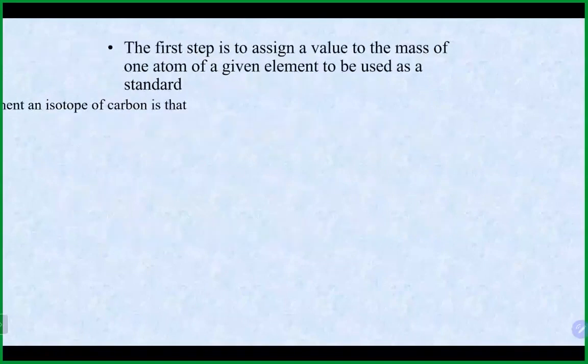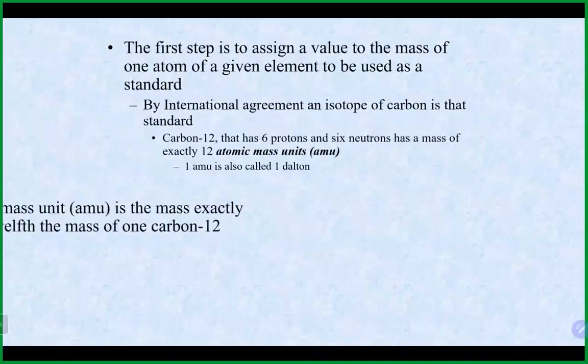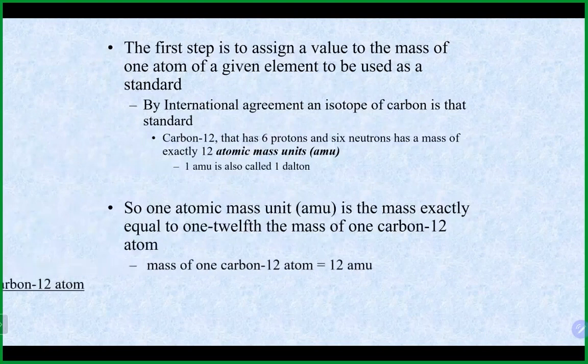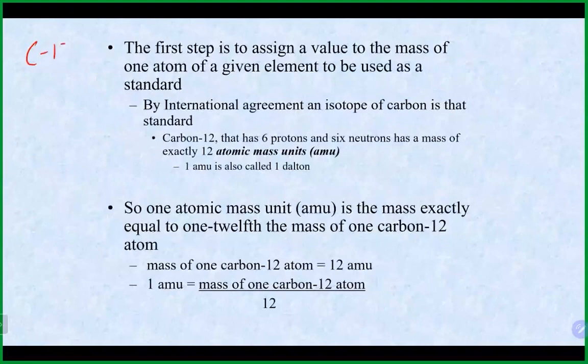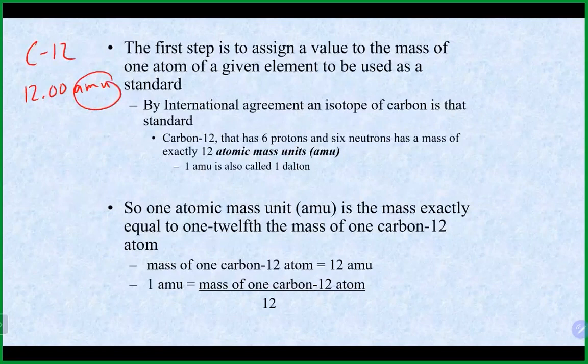So a lot of times in chemistry, when we can't really measure something directly, what they will do is pick something to use as a standard. What they picked for atomic masses was an isotope of carbon, the carbon-12 isotope. The carbon-12 isotope has a mass of exactly 12 AMU. AMU is an atomic mass unit.